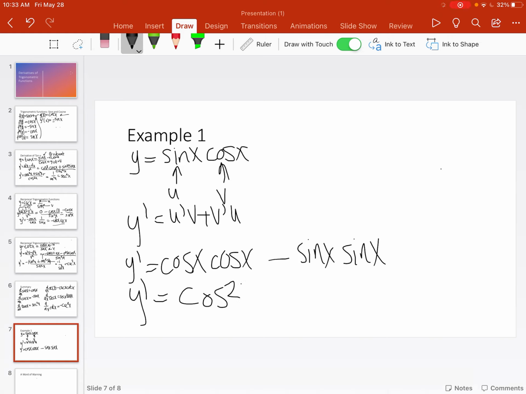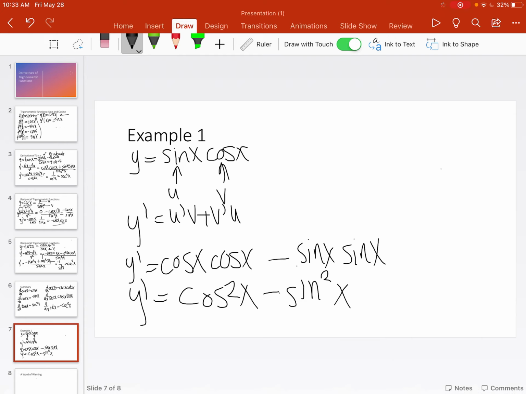So we're left with cosine squared x minus sine squared x. There we go, done.